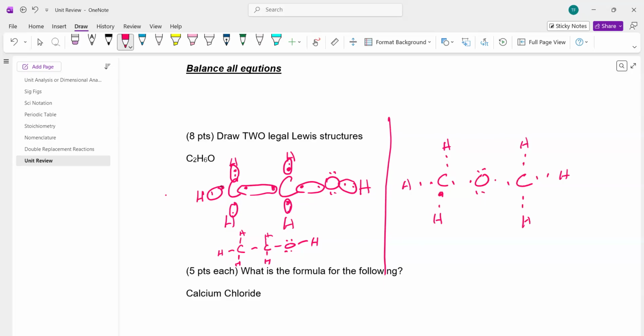Okay, 6 hydrogens on either side, oxygen coupling the two carbons together. Okay? And then we're going to do the lines.